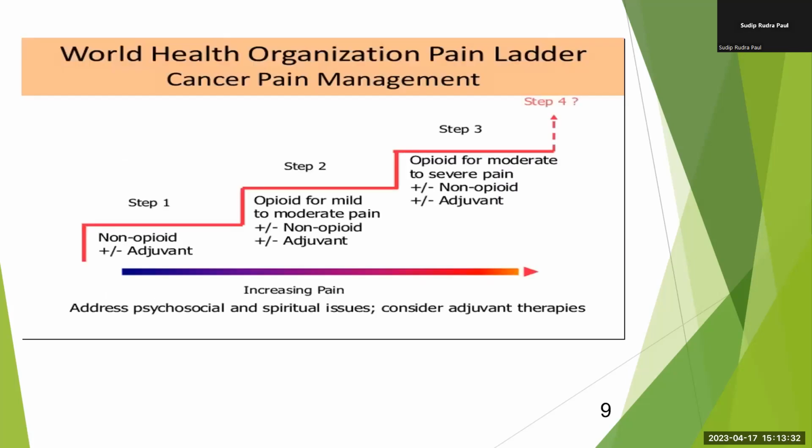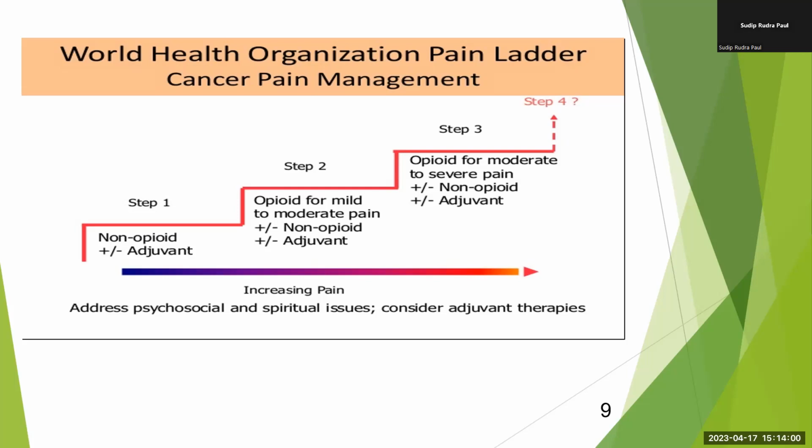So go back to the WHO analgesic ladder. This ladder basically has 3 steps, but in some books you can find 4 steps as well. Step 1 is the non-opioid drug. Step 2 is opioid, a mild or weak opioid.